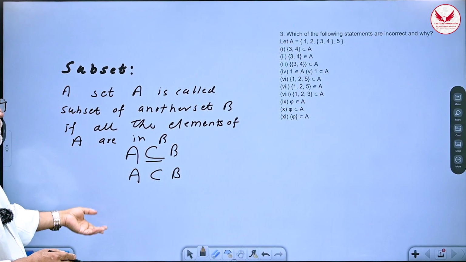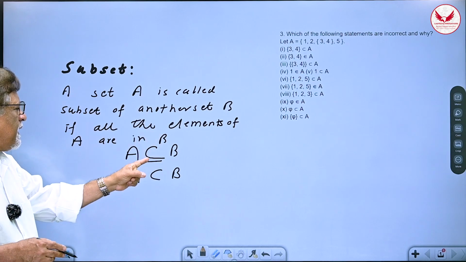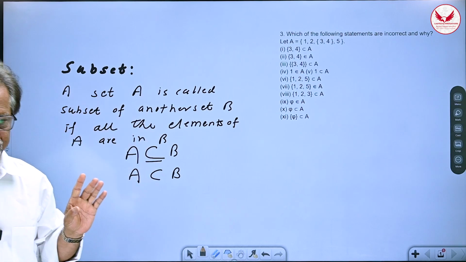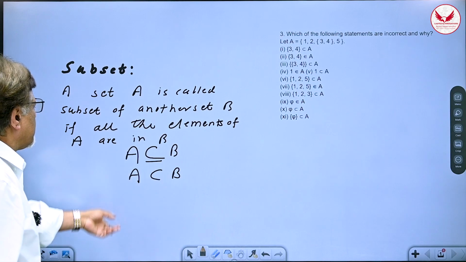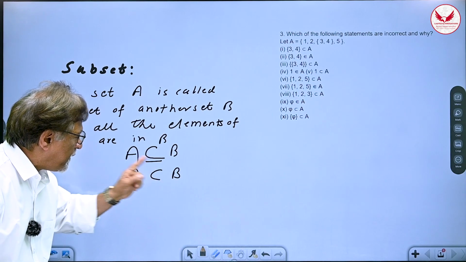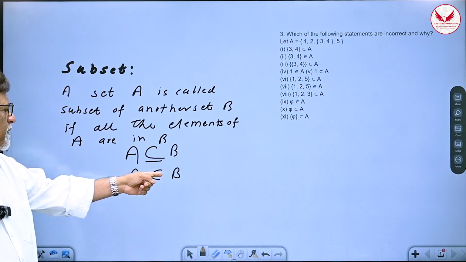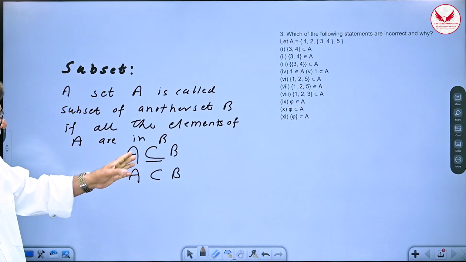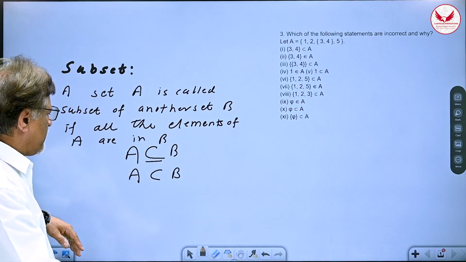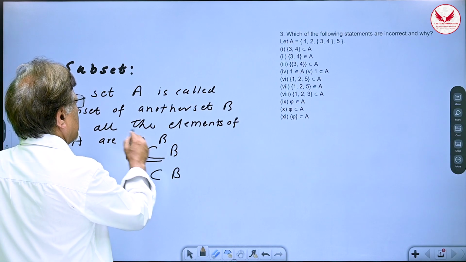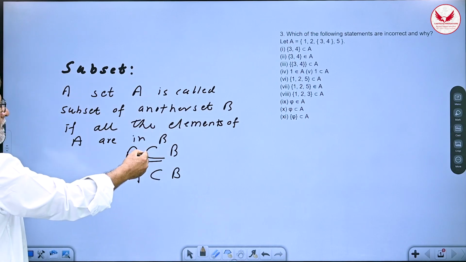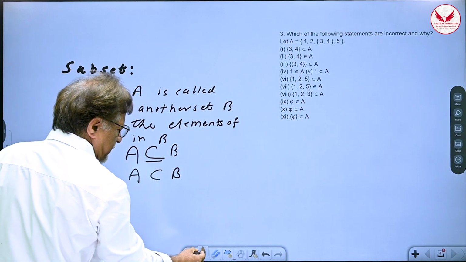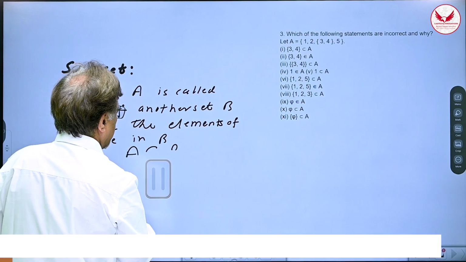So if I prove that all elements of A are in B, I must write this. But if I prove that all elements of A are in B, but B contains one extra element than A, then I can write this. So in general, if I prove this statement, then I'll use this particular symbol.